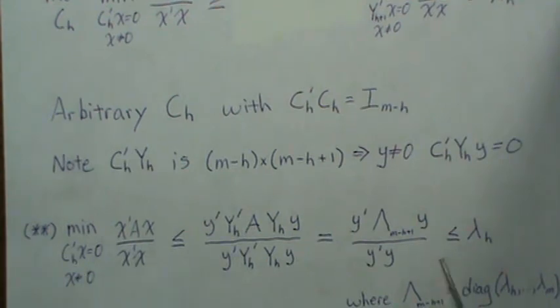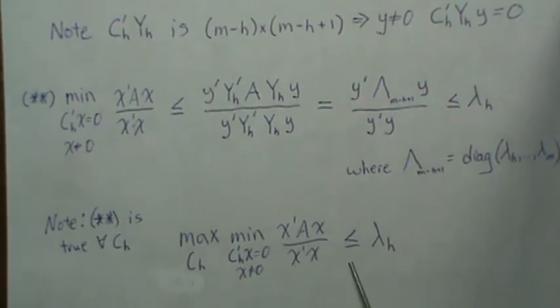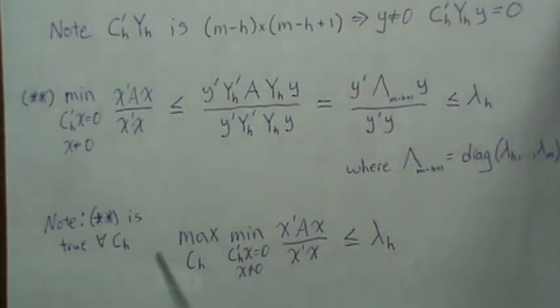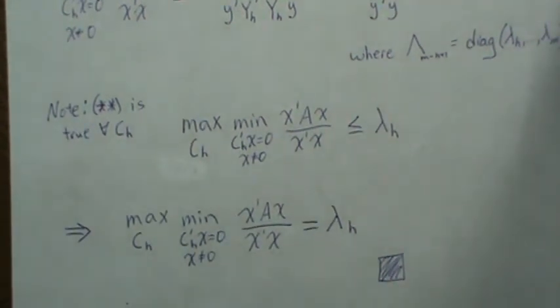It doesn't matter. So if we maximize this, we still get that this quantity is less than or equal to lambda h. But it can't be greater than or equal to lambda h and less than or equal to lambda h. That means it has to equal lambda h. And that's the proof of this Courant Fischer min-max theorem.